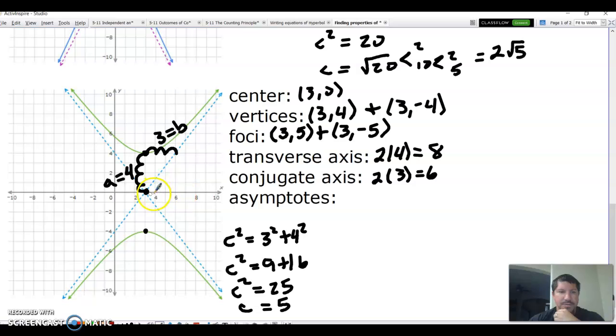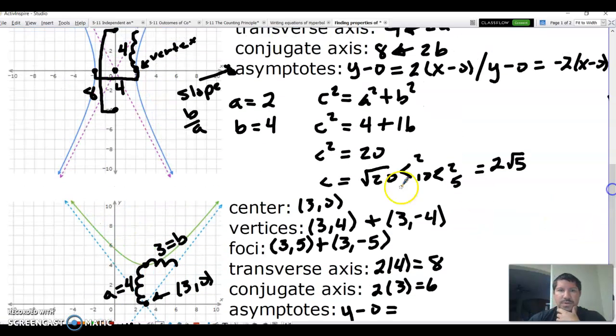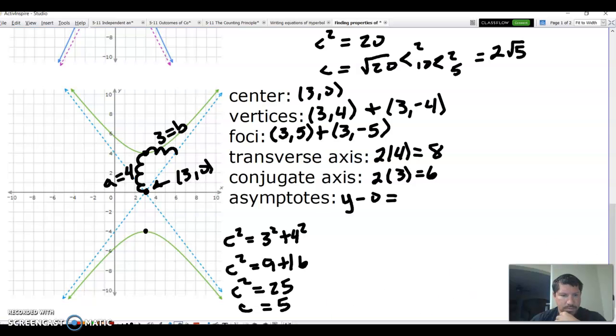Use this, so that point right there, like we said already, is 3, 0. So this is going to be y minus 0 equals, we said it was b over a, or well, in this instance it's now going to be a over b. So it's going to be rise over run.